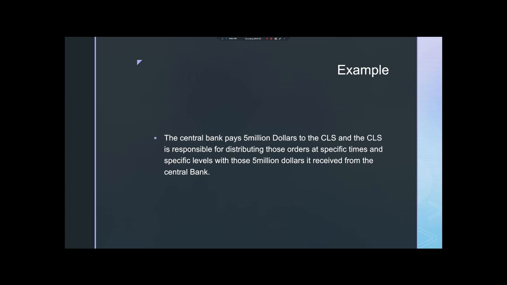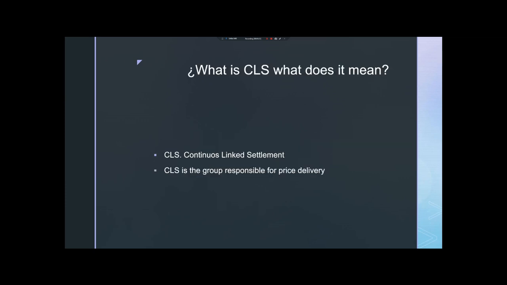And the CLS, from those orders with that money, distributes all those orders in the market, and from there they make the price delivery work.